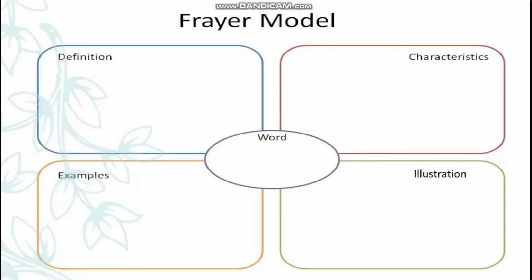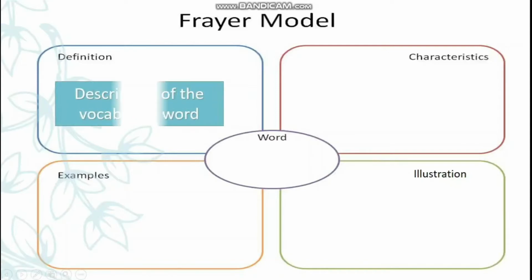As we already saw in the video, Frayer model is very important, especially when discussing vocab words. Just a quick reminder that the Frayer is divided into 4 main parts. The blue part is the first part with the definition, and the definition needs to be a small description of the vocab word.